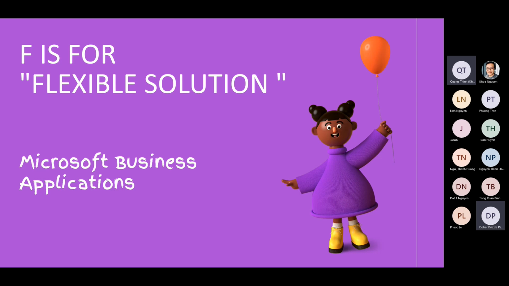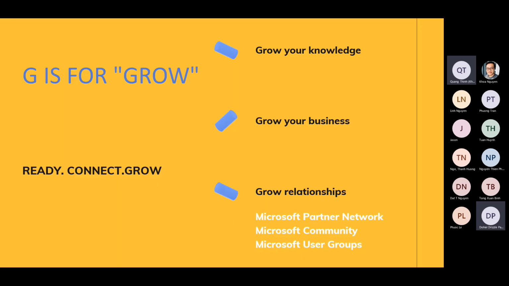G is for grow. Grow your knowledge. We just need to continue studying and understanding what's in Microsoft BizApps, not just BizApps, but the complete ecosystem of Microsoft. And then we grow our business, or you grow your business. You just need to facilitate the growth opportunities and better strategies to expand your market reach.